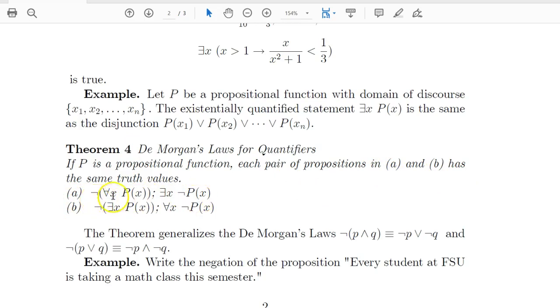The negation of for every x P of x, is there exists an x such that not P of x. And the second pair is this. The negation of there is an x such that P of x, is for every x not P of x.